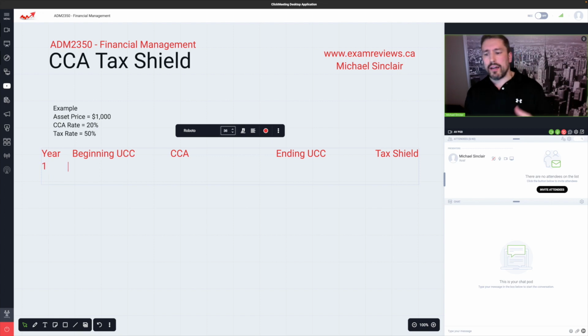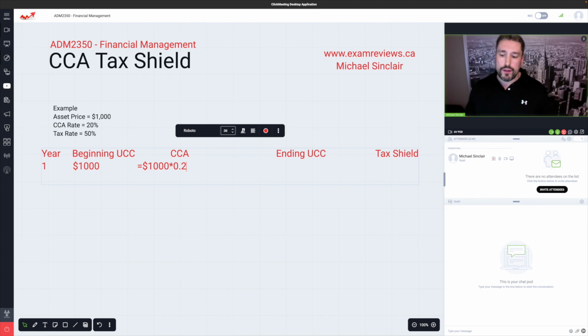At the beginning, the unused capital cost is the value of the asset today. We just bought it, so on our books and our accounting software, it's worth $1,000. To calculate the capital cost allowance, we take that $1,000 and depreciate it by 20%, so we multiply it by 0.2.